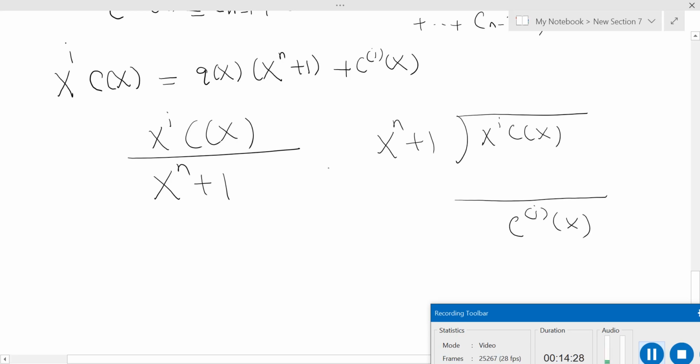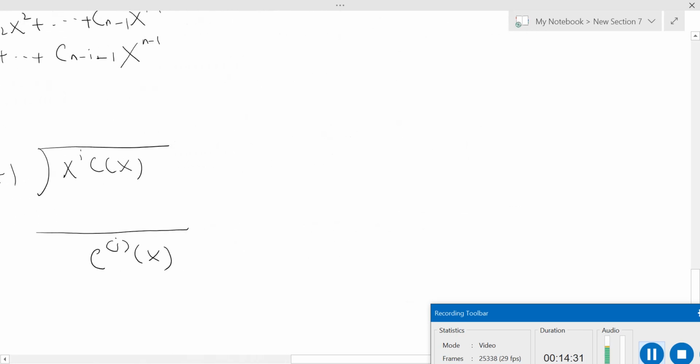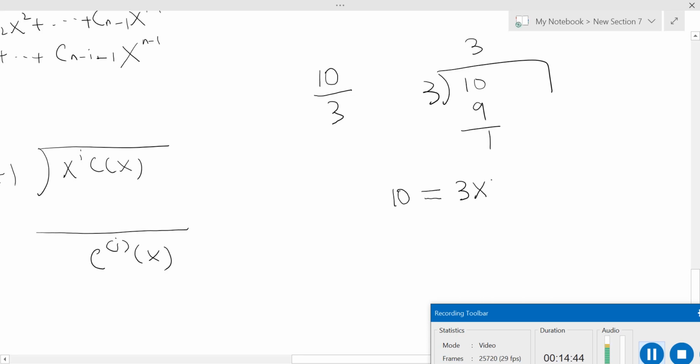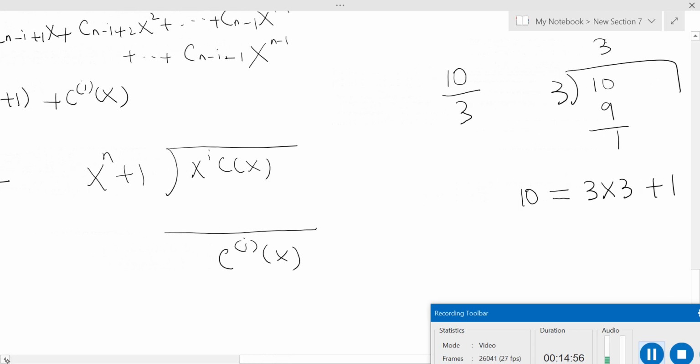Look at the basic mathematical expression. Suppose you have 10 divided by 3. So 10 divided by 3 is 9, remainder 1. So you can write 10 is equal to 3 into 3 plus 1, right? So this will be your q of x, and this will be the remainder.